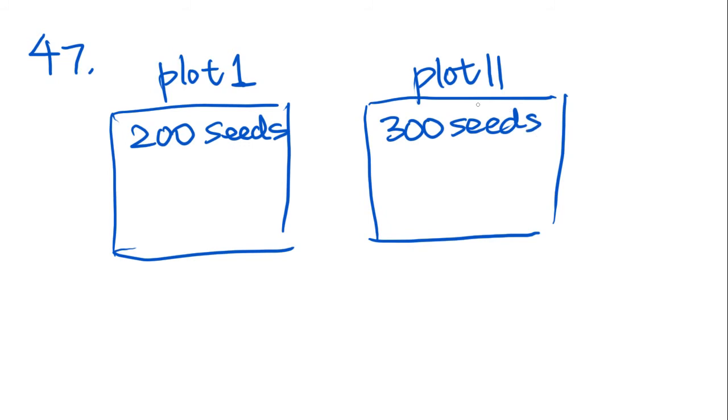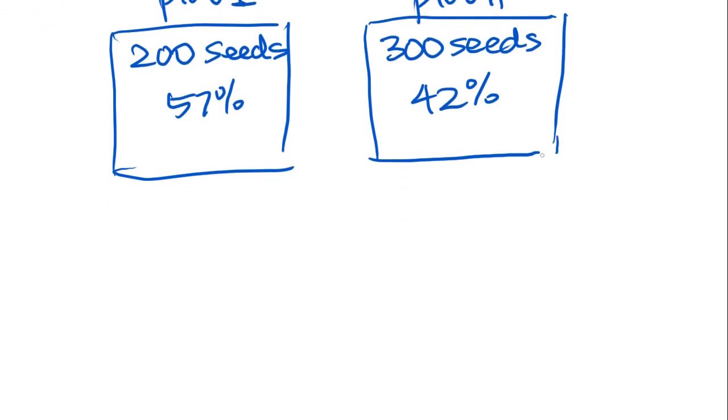If 57% of the seeds in plot 1 germinated, and 42% in plot 2 germinated, what percent of the total number of planted seeds germinated? So they're asking what percent of the total amount of seeds in both plots added together germinated.